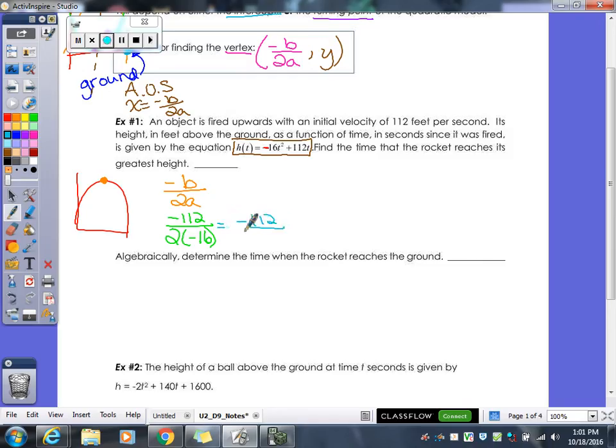So let's see here, what do we get? 2 times negative 16 is negative 32. So let's divide those. What's negative 112 divided by negative 32? 3.5. So it takes 3.5 seconds.